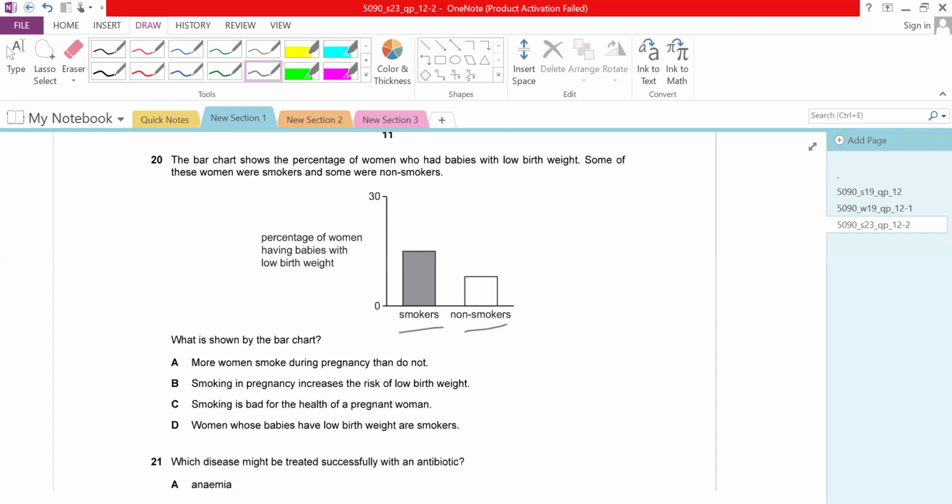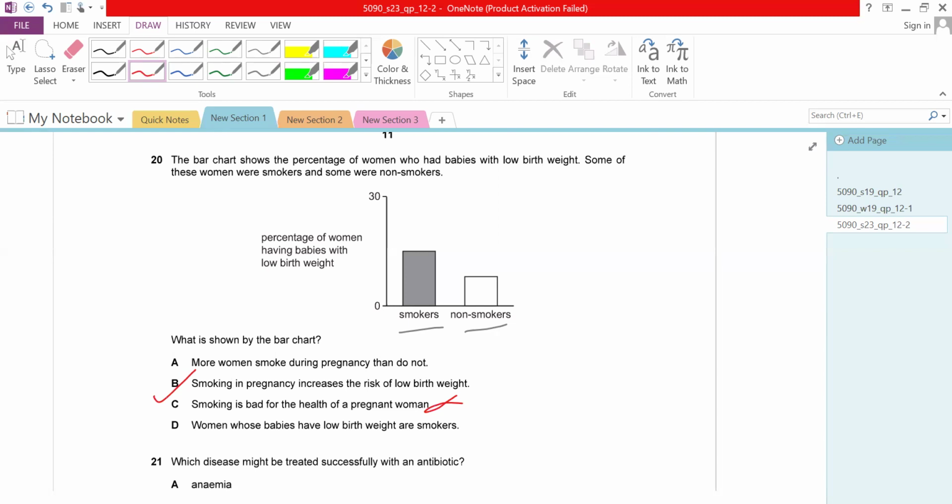So let's read out the statements. More women smoke during pregnancy than do not. No, it isn't like that. Smoking in pregnancy increases the risk of lower birth weight. Yes, the statement seems correct. Let's read out the remaining two statements. Smoking is bad for the health of a pregnant woman.